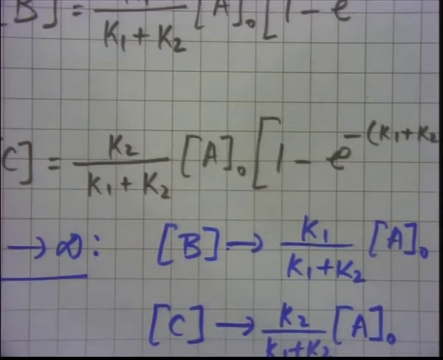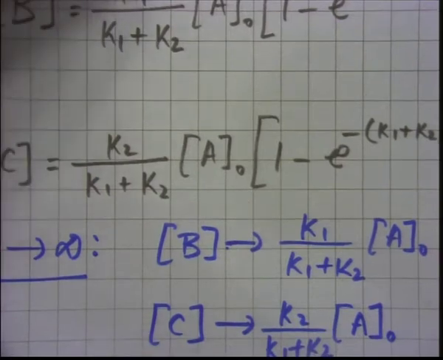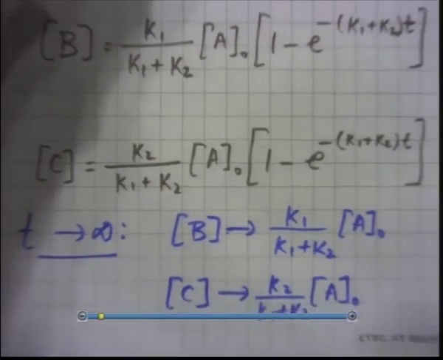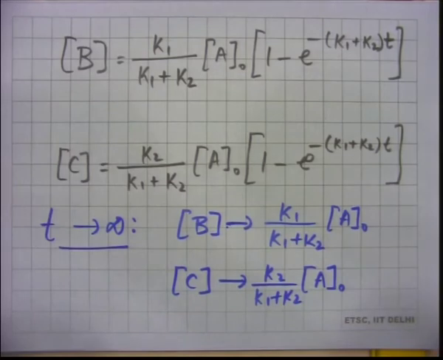If you take the ratio of, I think we went out of focus maybe, yeah. So, here these were the two expressions for B and C, and you can see that ratio of concentration of B to the concentration of C is K1 by K2, okay.